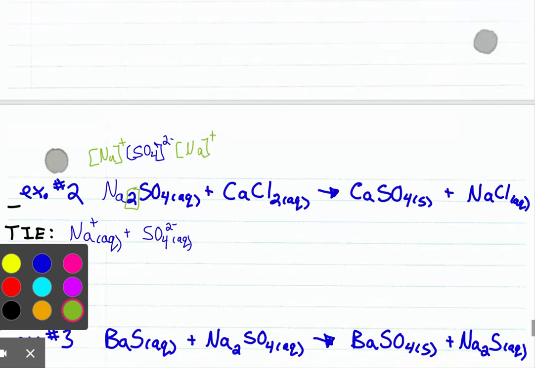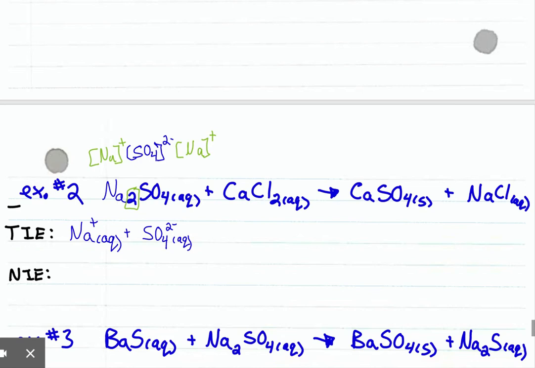There are 2 sodium ions in this compound. So we have to actually indicate that there are 2 sodiums. So we put a 2 in front. So we're saying that there are 2 sodium ions.